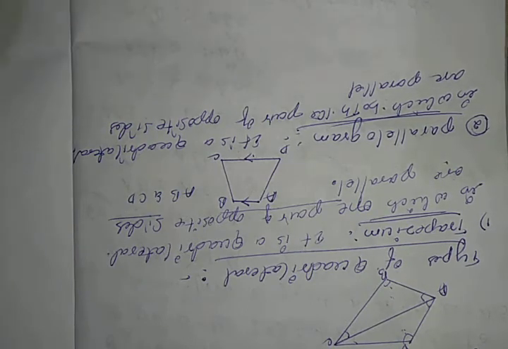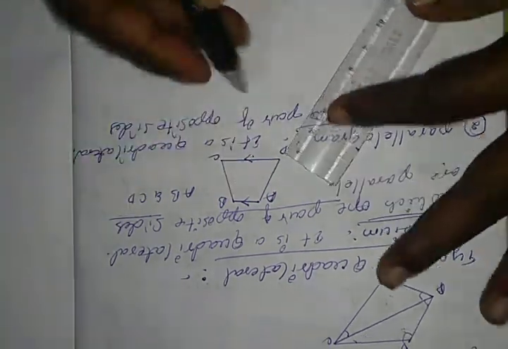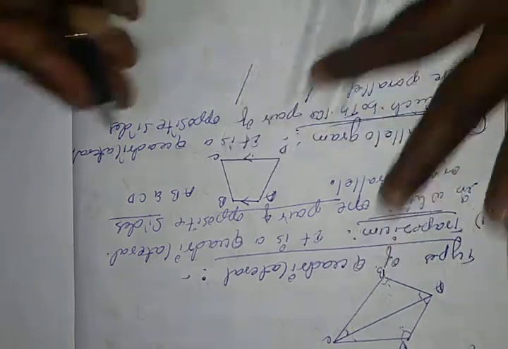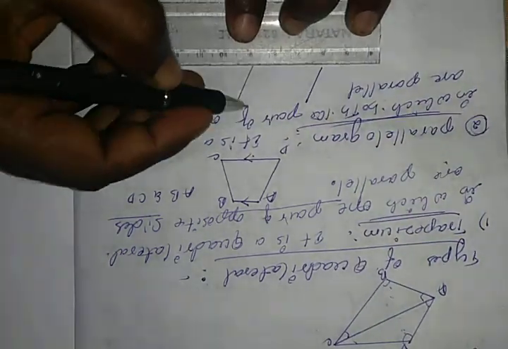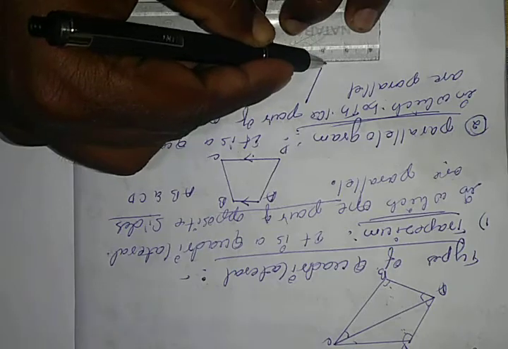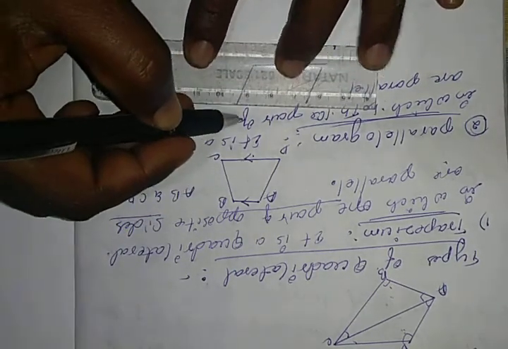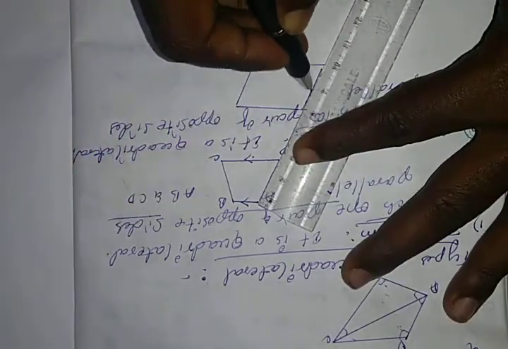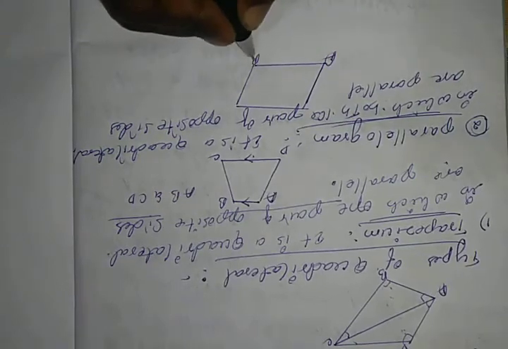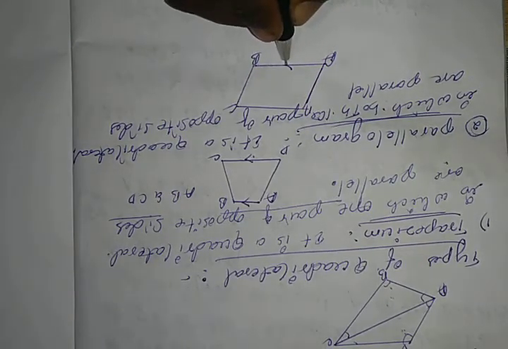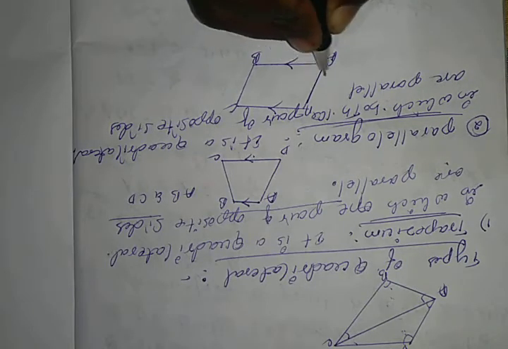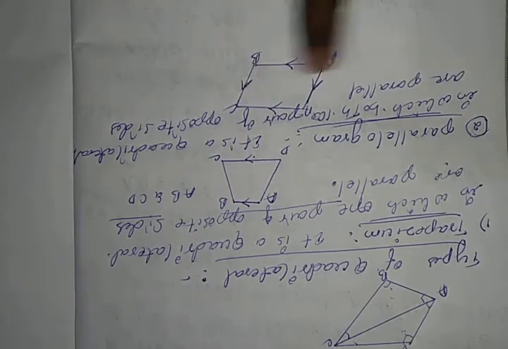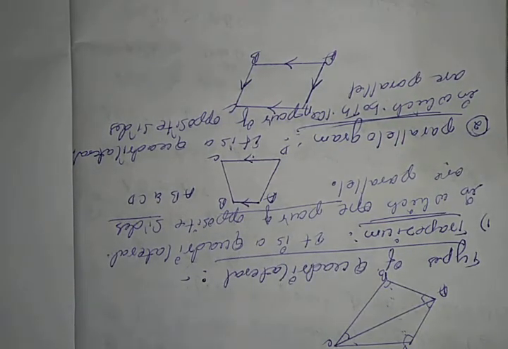In the trapezium only one pair was parallel, here both pairs are parallel. So this is also parallel to this. Let us see the diagram. ABCD: AB is parallel to CD, and also AD is parallel to BC. So both pairs of opposite sides are parallel. So this is a parallelogram.